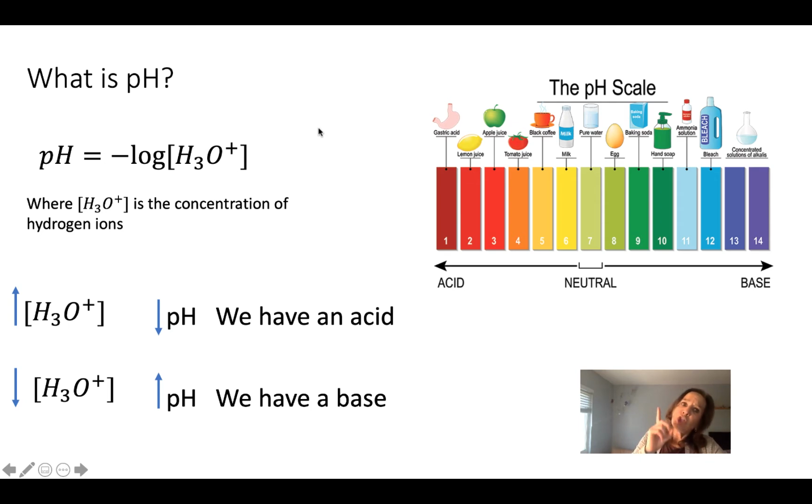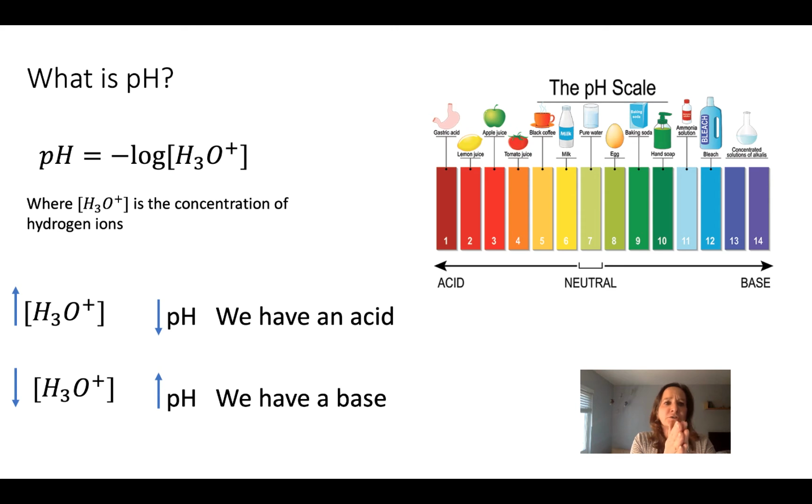If we have a large number of hydrogen ions, then our negative log is going to be small. If we have a small number of hydrogen ions, our negative log is going to be big. We tend to talk about a neutral pH being water.